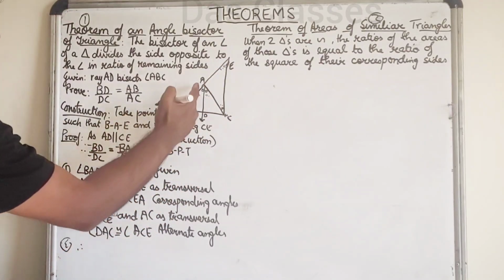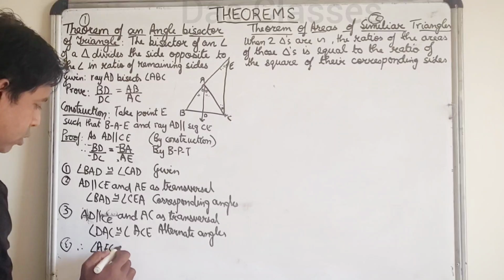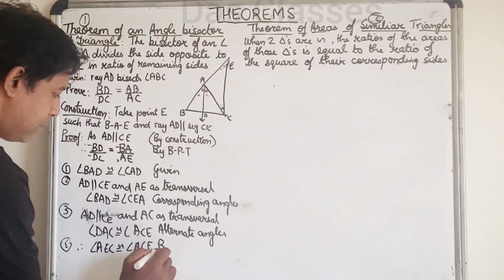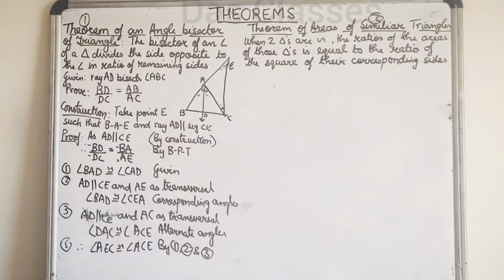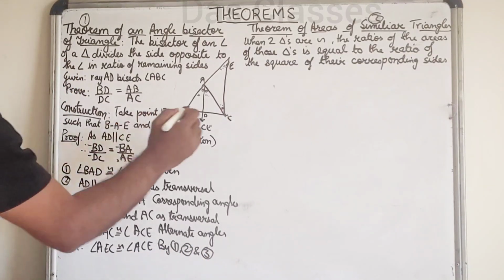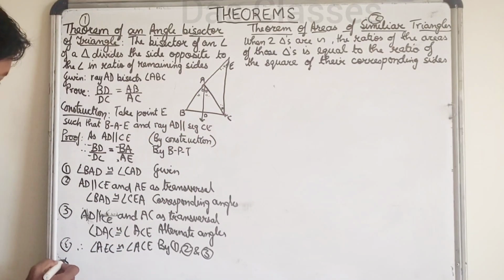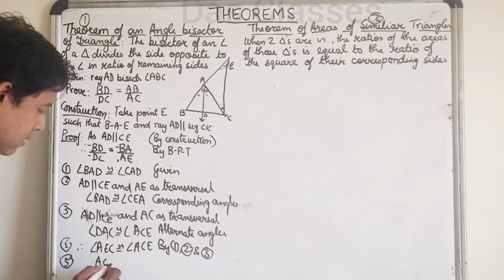Therefore angle AEC is congruent to angle ACE by statements 1, 2 and 3. When these angles are congruent, those two sides are congruent. AC is equal to AE.